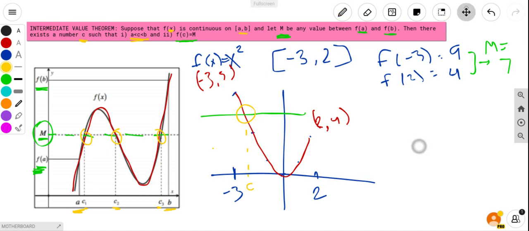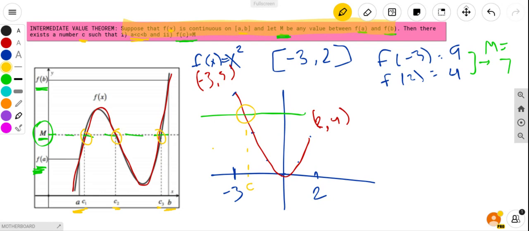All right. So that's what the intermediate value theorem is. And again, you just have to make sure that you meet the initial condition, right? Which states, and it's the first sentence, suppose there's a function f of x that's continuous, and you got to make sure the m value, the output, is between the two outputs of the endpoints in your interval that you were given.